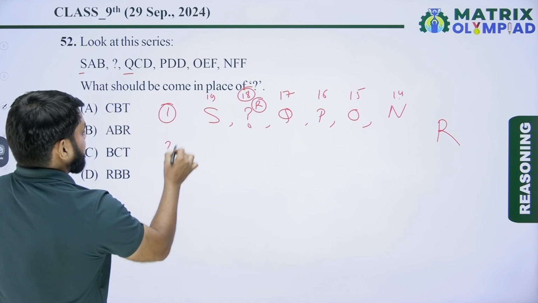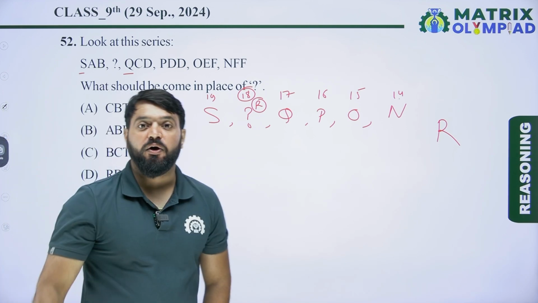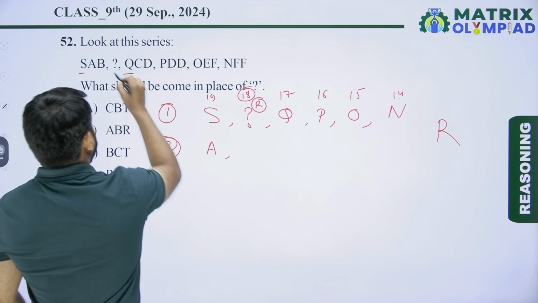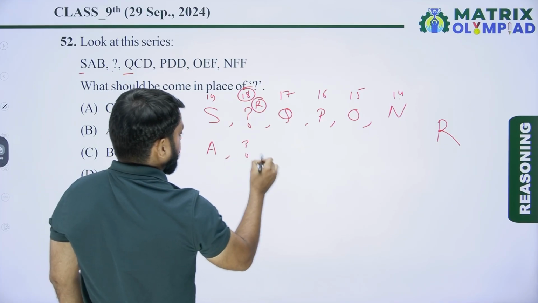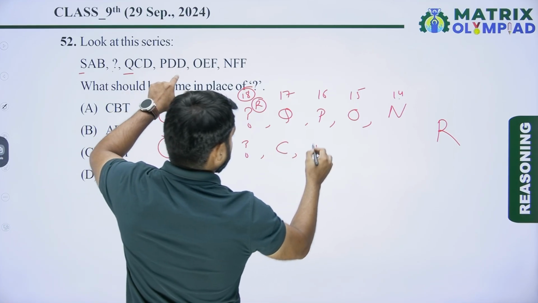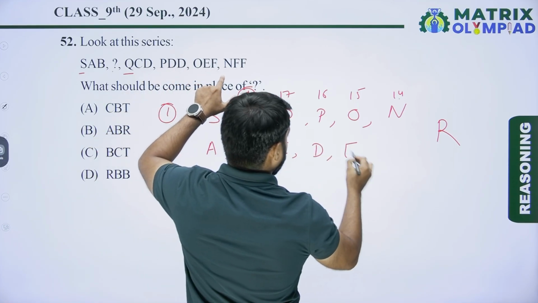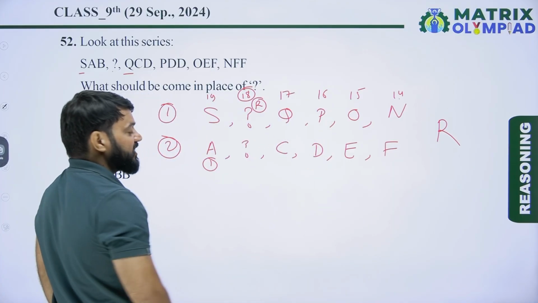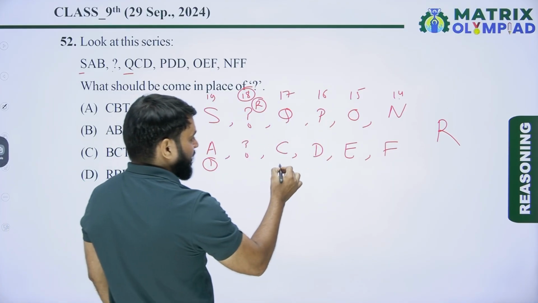Now taking the second alphabet of each term. So the second alphabet of the first term is A. Next is missing. Now the second alphabet of the third term is C. Now next is D. Again is E. And next is F. So A means 1. Place value of C is 3.